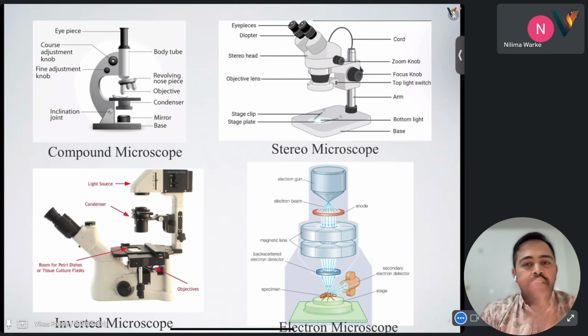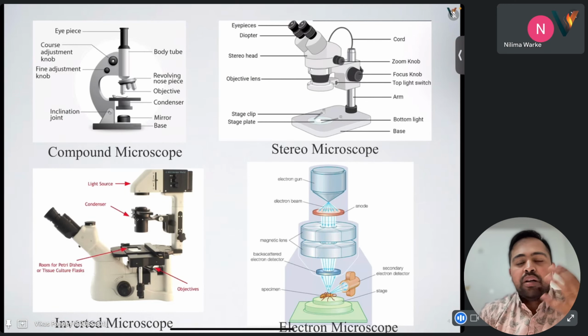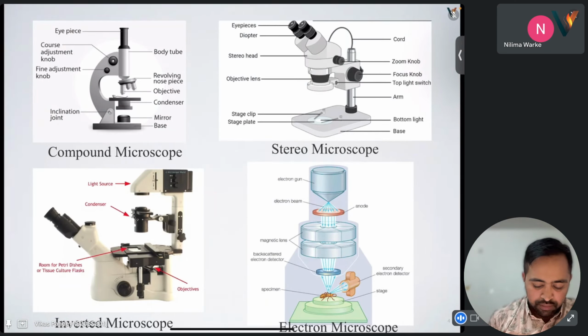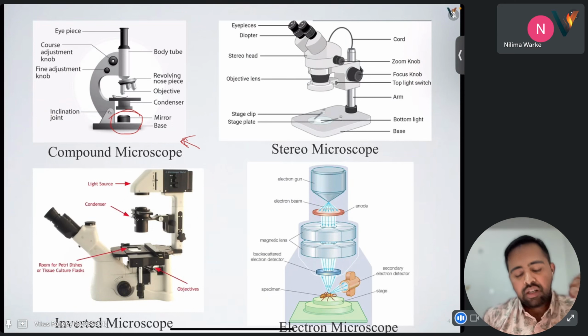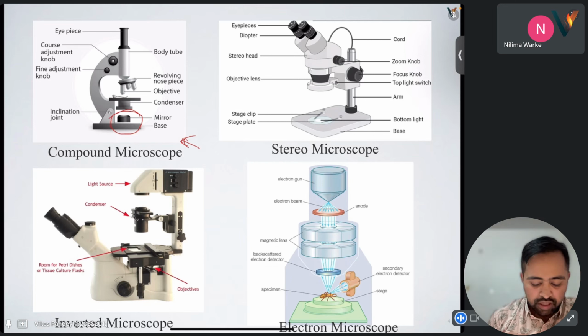I have put this for reference because we will be coming up with questions about microscopes a lot. Here you see a mirror. In a normal compound microscope, a light source might not even be used. A mirror reflects the light from the environment.